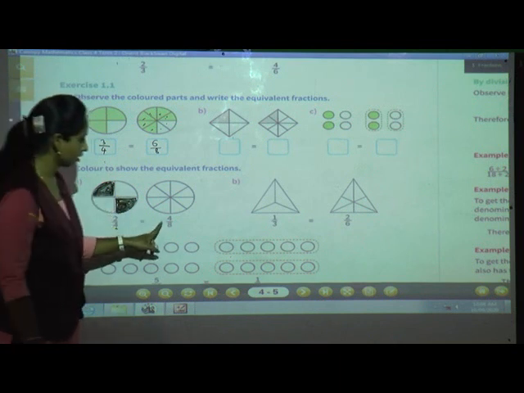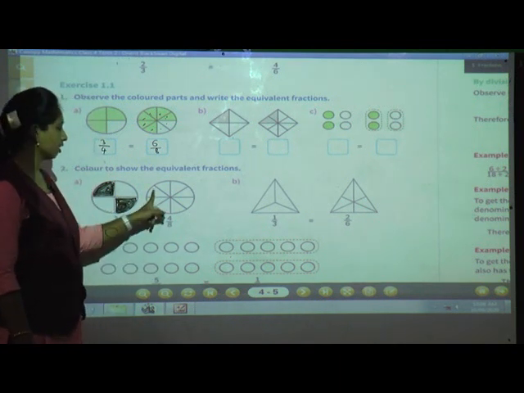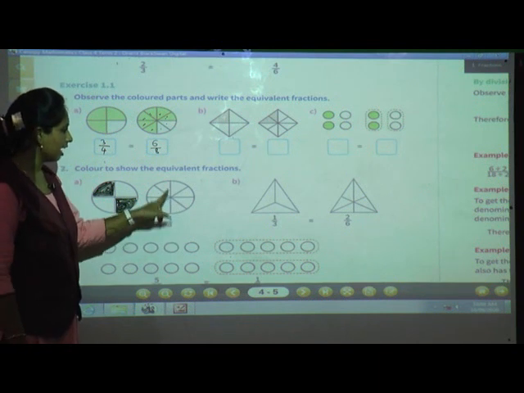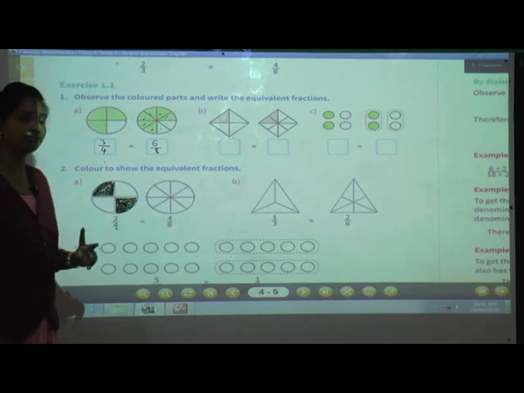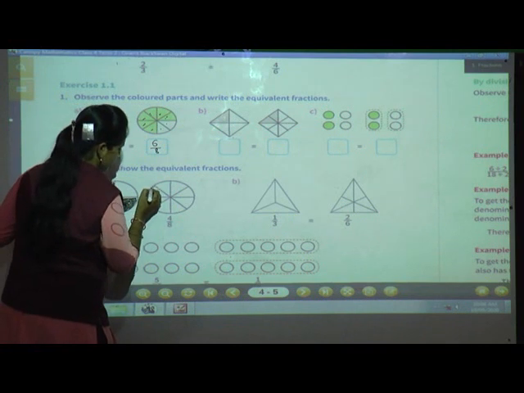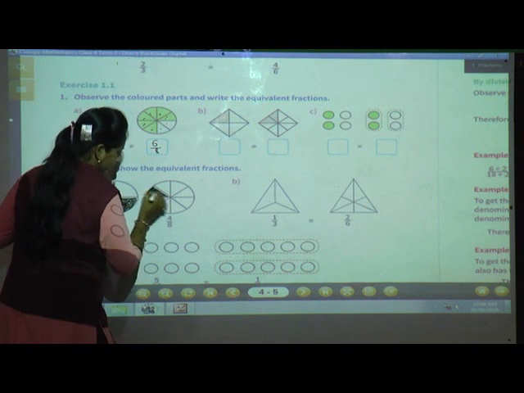Okay, now next, 4 by 8. Total 8 parts are there. From that we need to color 4. Let's color. Now here what I'll do, I'll continue side by side.